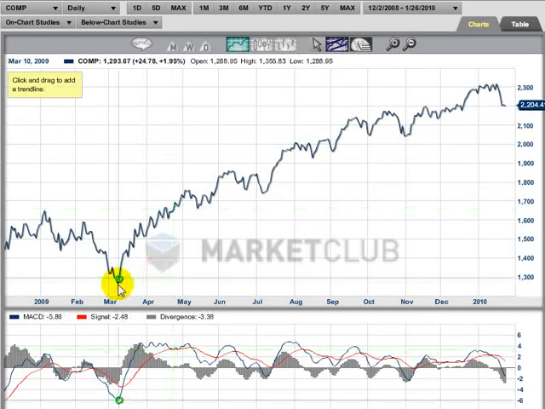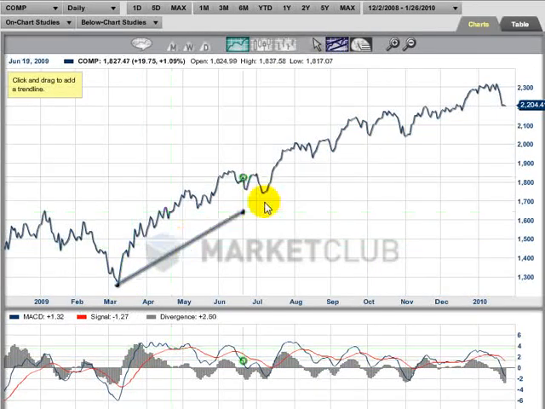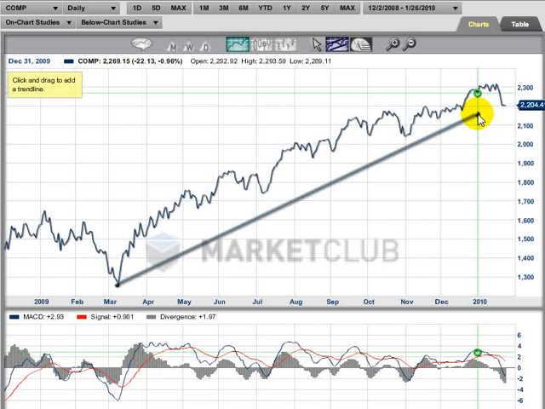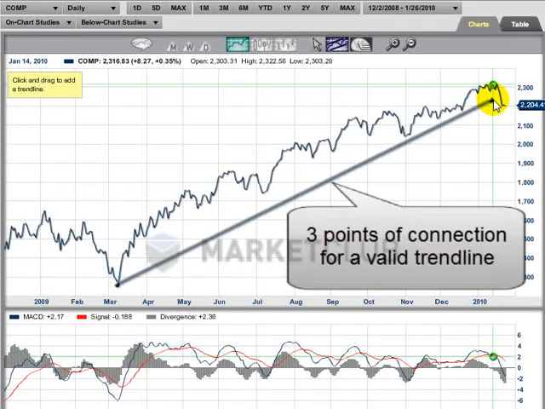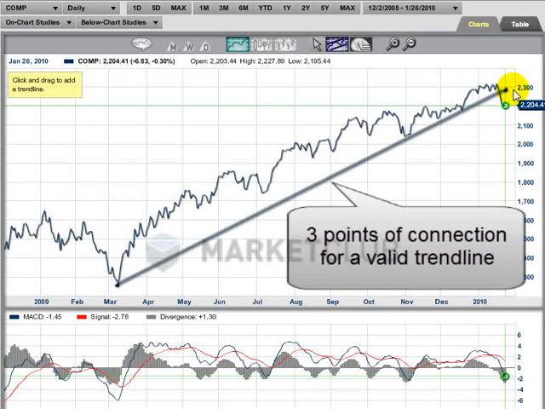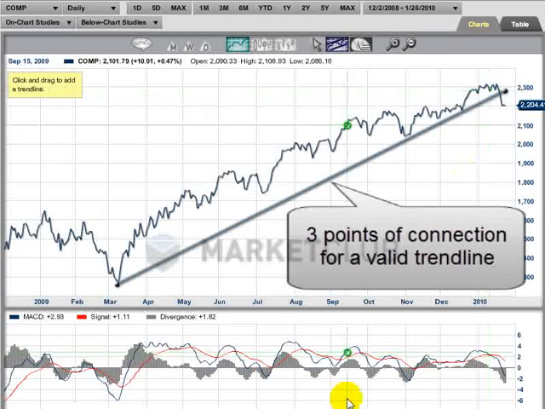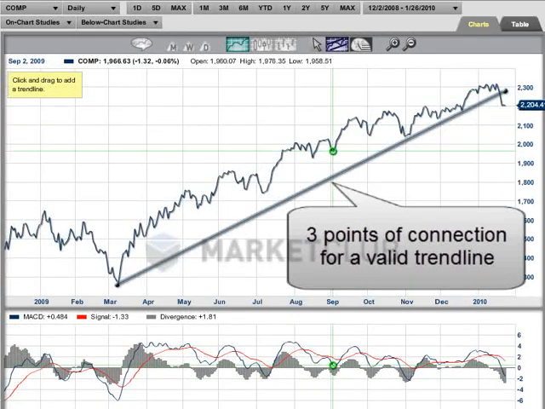So with a trend line, you want to connect three areas. And hopefully I can do this. And we've got three areas, three points of connection. Now, I'm going to show you something else as well, but the three points of connection are really here, and here, and here.